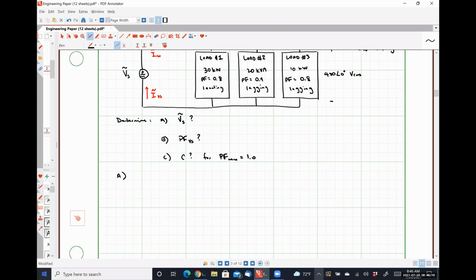For example, for load number 1, that 30 kilowatts, what does that represent? The average power, the reactive power, or the apparent power? The average power. It's given in watts, so it's the average power, okay? So we know the average power absorbed by load 1. We know the apparent power absorbed by load 2. We know the average power absorbed by load 3. We know the power factor at which all 3 of them are operating. What can we determine using those pieces of information?